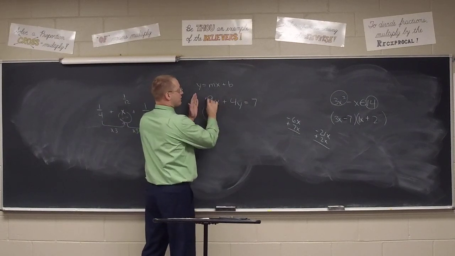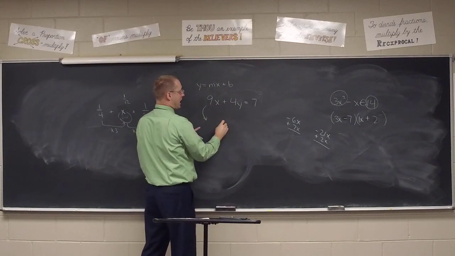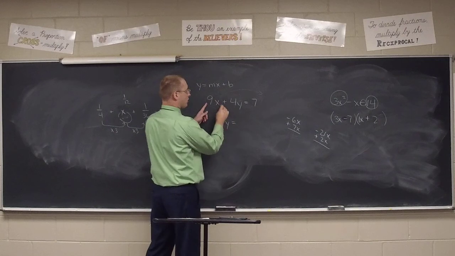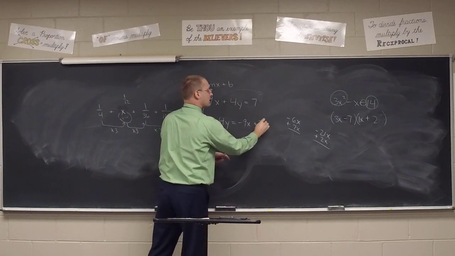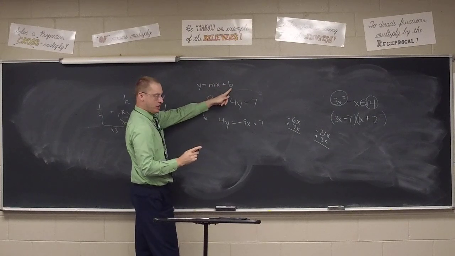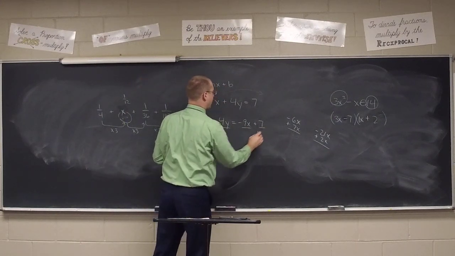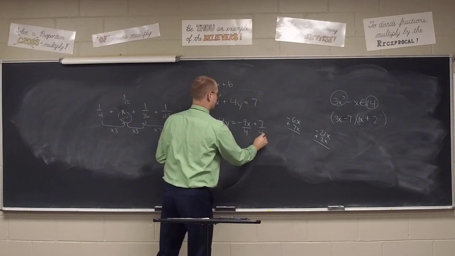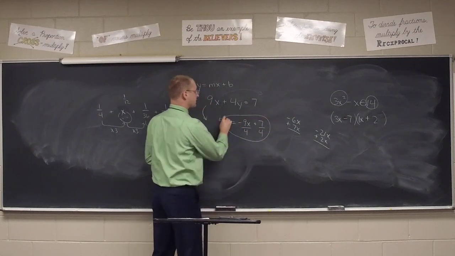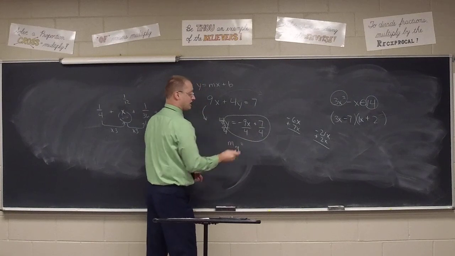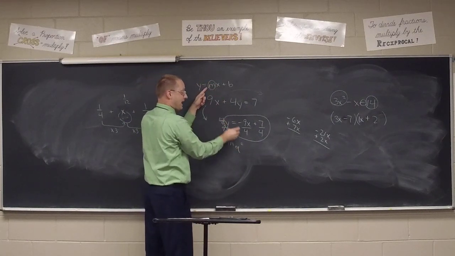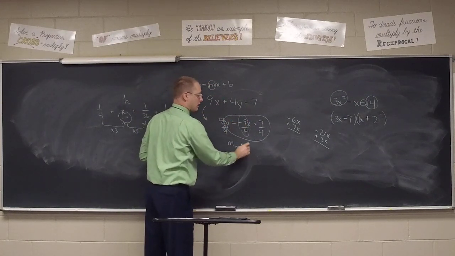So for this, we're going to move the 9x over to the other side and make it 4y equals negative 9x plus 7. Notice we're going to put the x before the constant, and then we can divide everything by 4. And here's my slope-intercept form. The slope of my equation is evidently the coefficient of x, which would be negative 9/4.